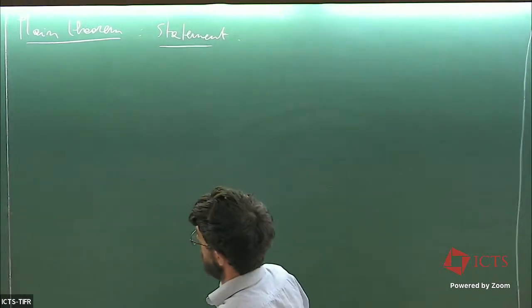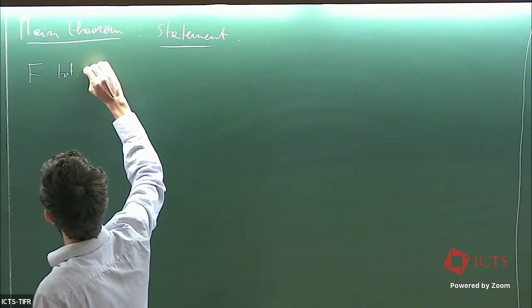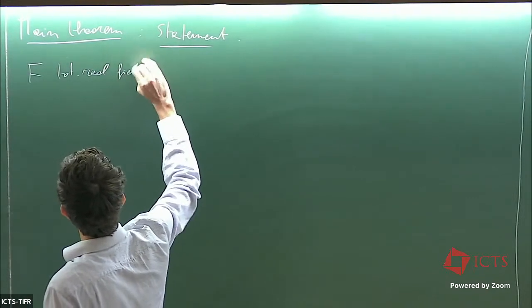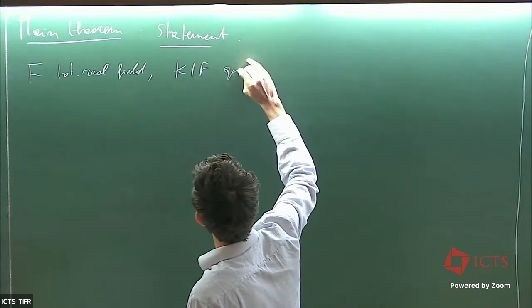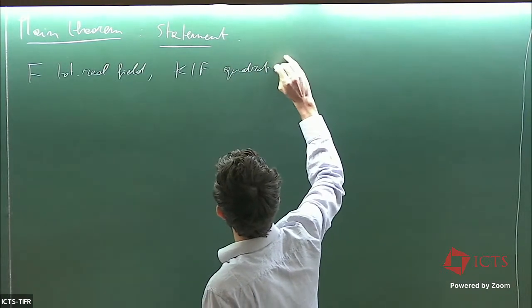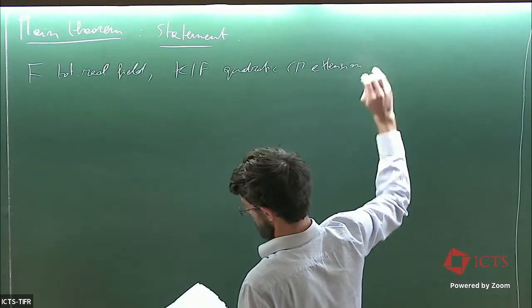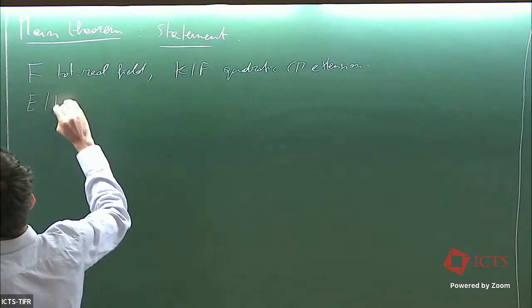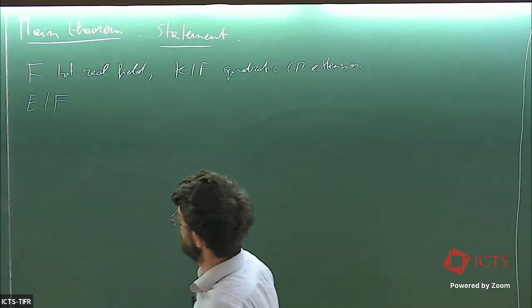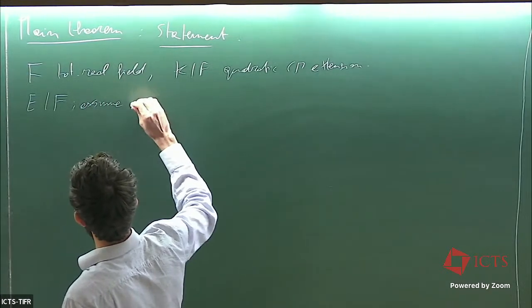All right, so I will start with a totally real field, F, and I take K, a quadratic CM extension. Okay, then take an elliptic curve E over F, and I assume that it is modular, as I said.